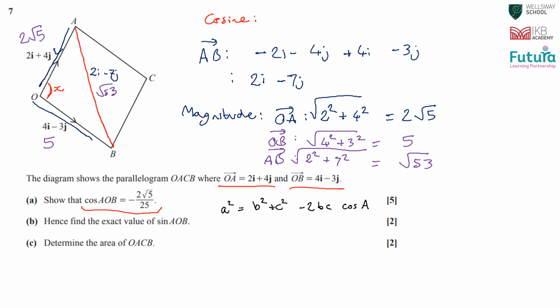So in this case, a squared is going to be root 53. So root 53 squared equals the other 2 sides squared. So 2 root 5 squared plus 5 squared minus 2 times 2 root 5 times 5 times cos of my angle, which I've just called x because it seems slightly easier.